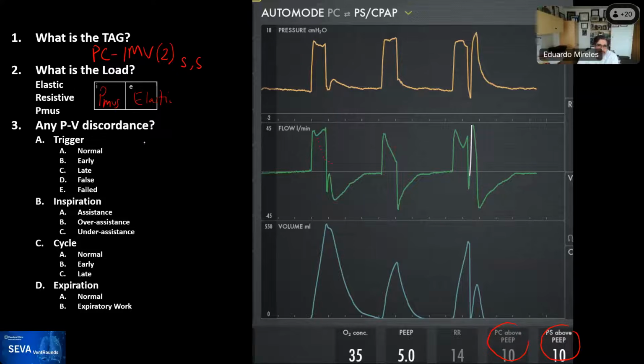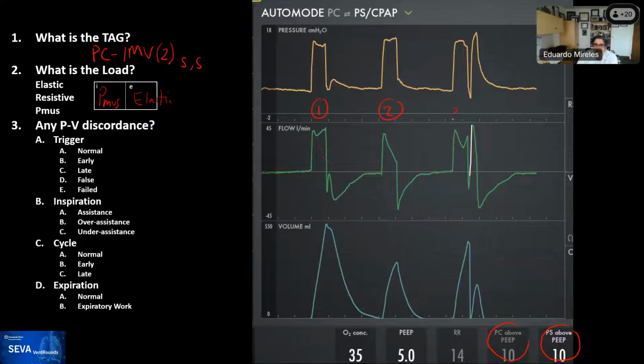Yeah. So we have three breaths, and thank you for pointing that out, Michael. I'm gonna call them three. So the first one is an early trigger, as many have pointed out. That's correct. So that would be an early trigger.